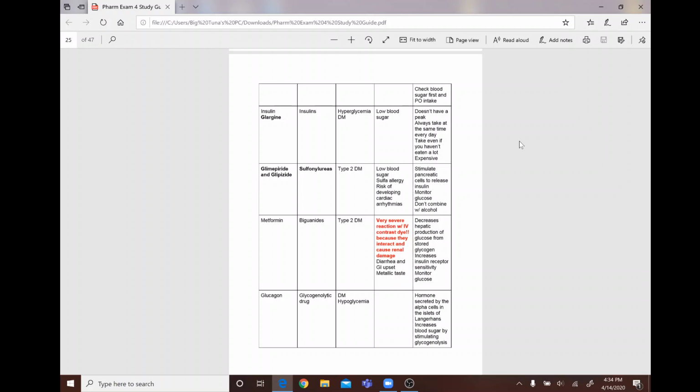Glimepiride and glipizide. What class is this? Sulfonylureas. What are glimepiride and glipizide used for? Type 2 diabetes. What are the main side and adverse effects of glimepiride and glipizide?